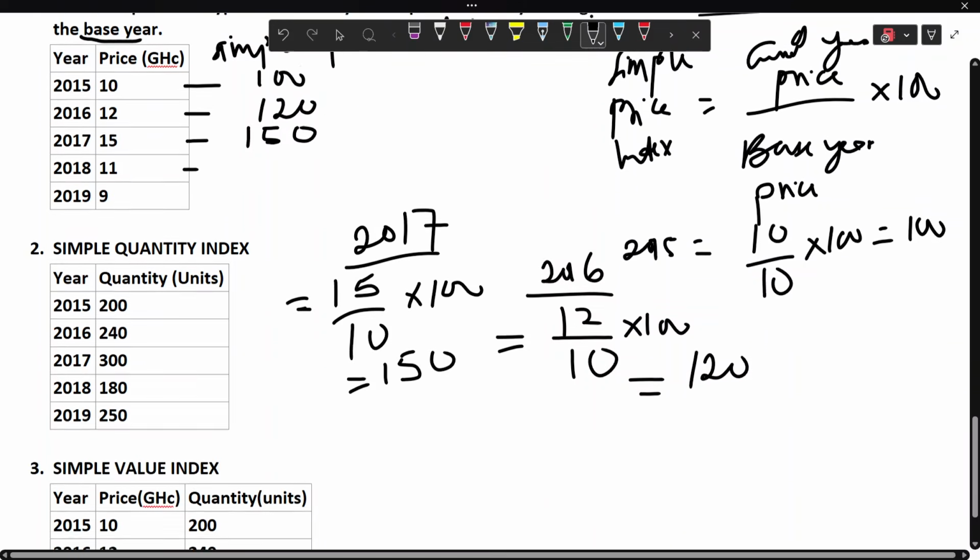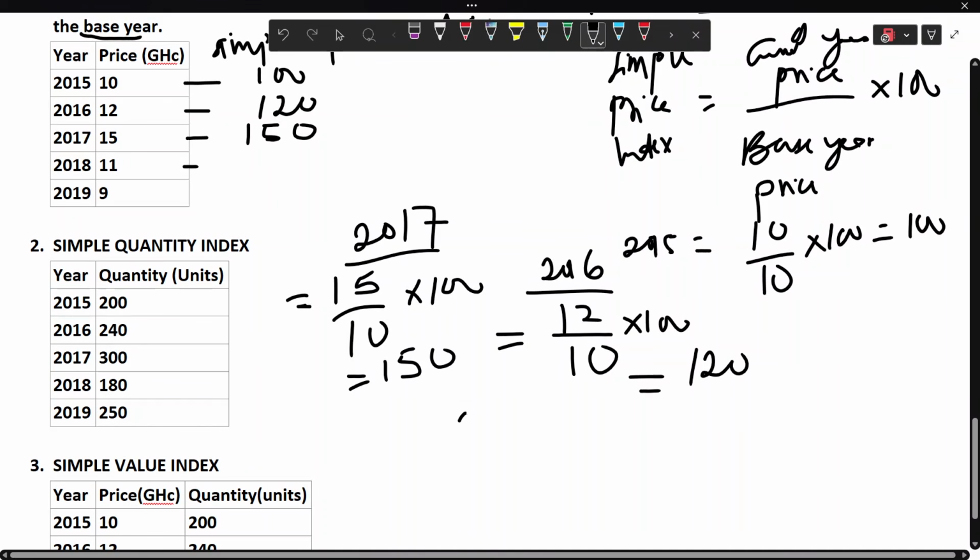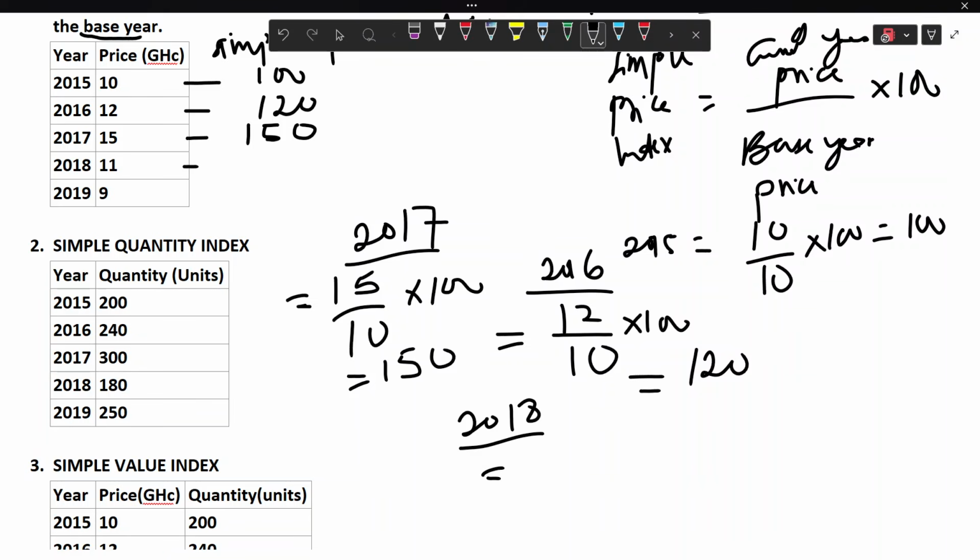In 2018, we also have a price of 11 divided by 10 times 100, which is 110.